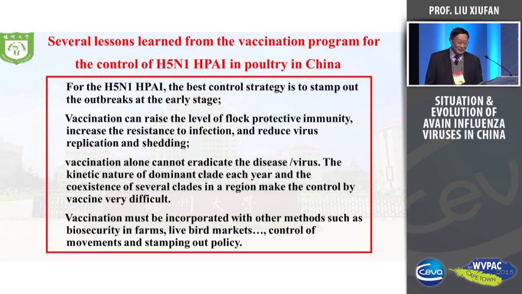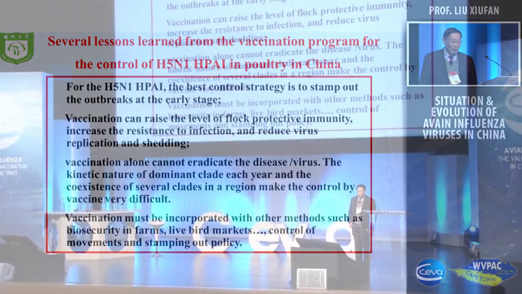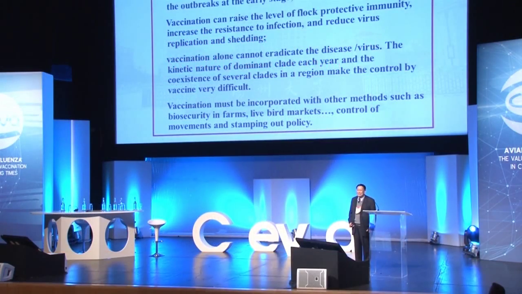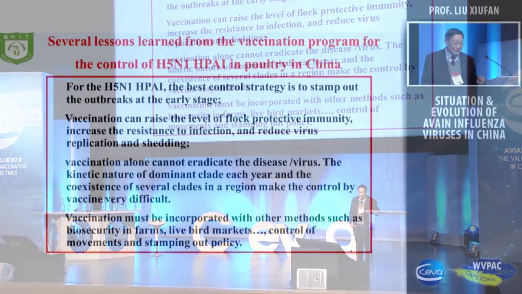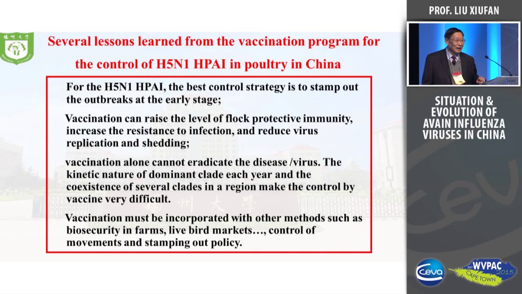The kinetic nature of dominant clades each year and the coexistence of several clades in a region makes the control by the vaccine very difficult. I'd like to say here, these vaccines are conventional, usually killed vaccines.